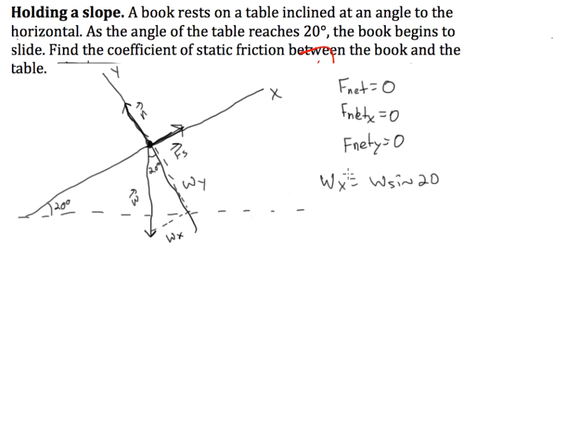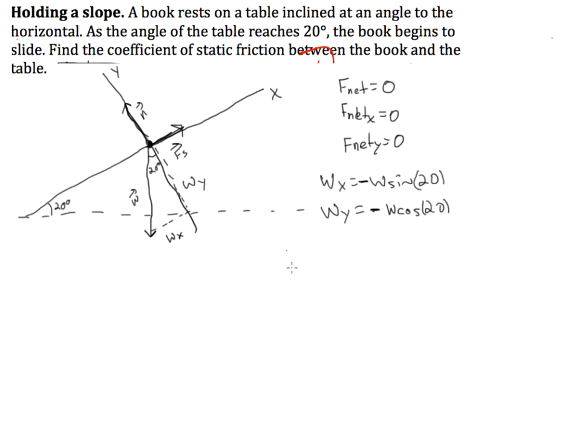And now that is going to be negative because it's in the negative x direction here. So we can see Wy, we can use the same kind of thinking here, and we'll see it's going to be negative W cosine 20. And again, it's negative because it's in the negative y direction here.